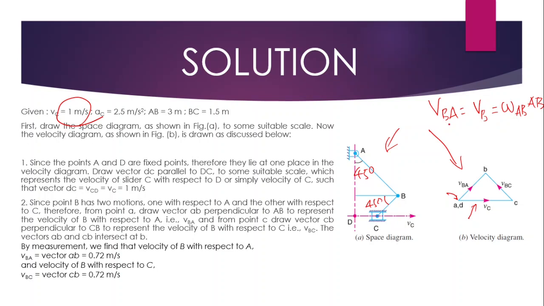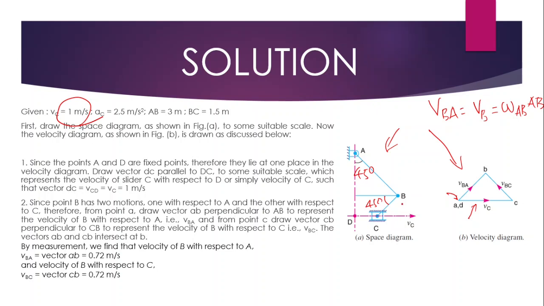But we must understand that the velocity of B with respect to A is always perpendicular to link AB and passing through a. Then we can draw a line of action of that velocity, which is perpendicular to AB and passing through small letter a. That line of action is like this.